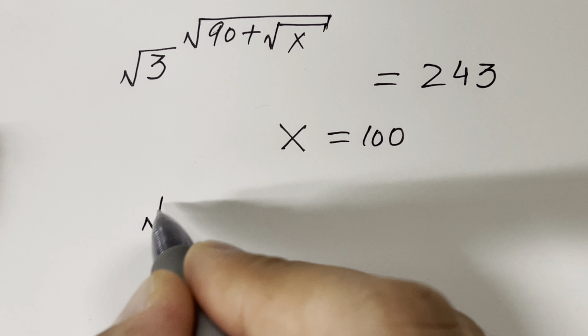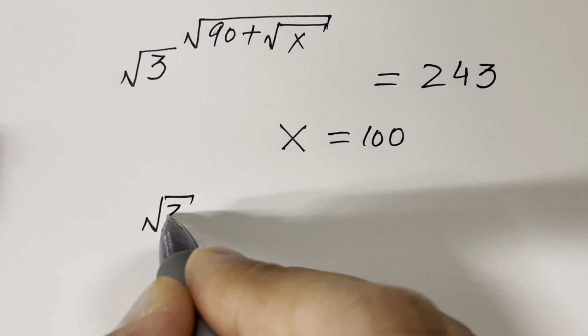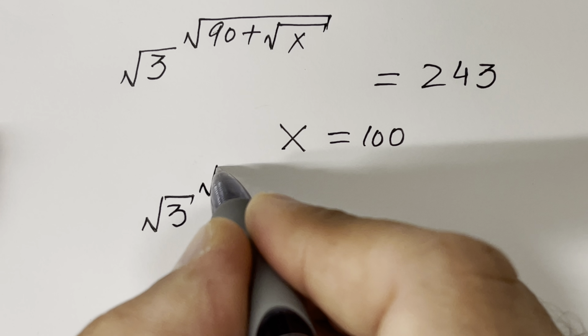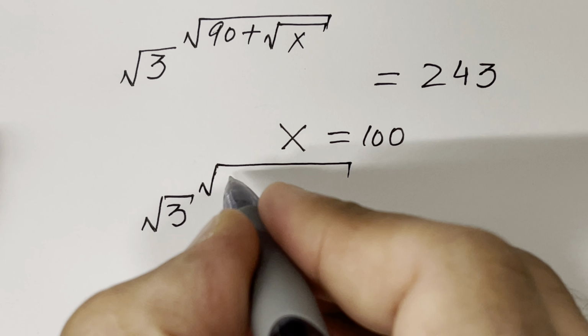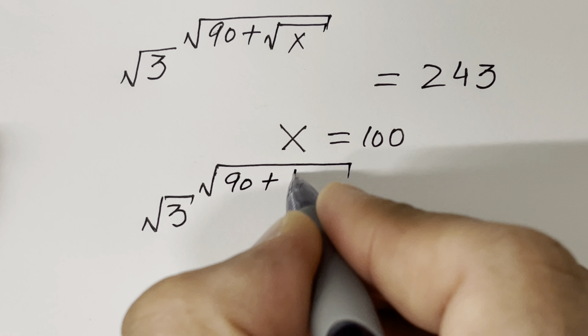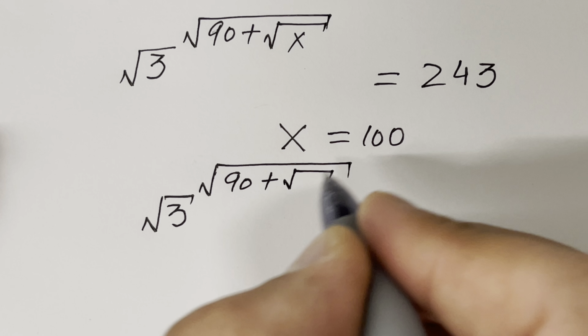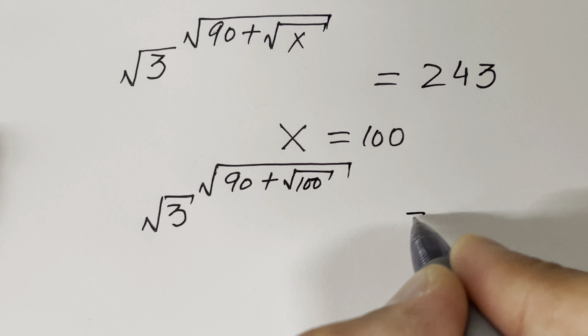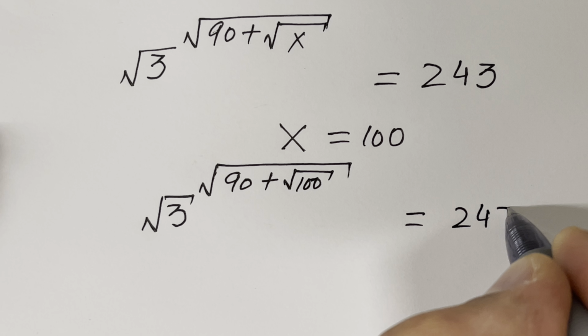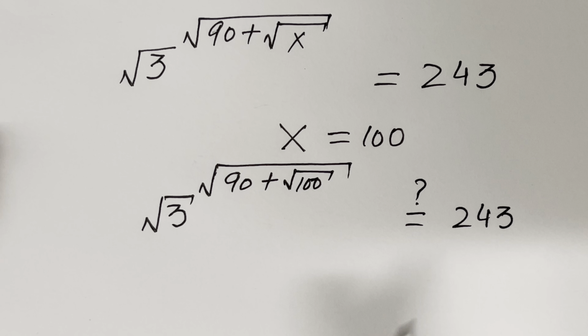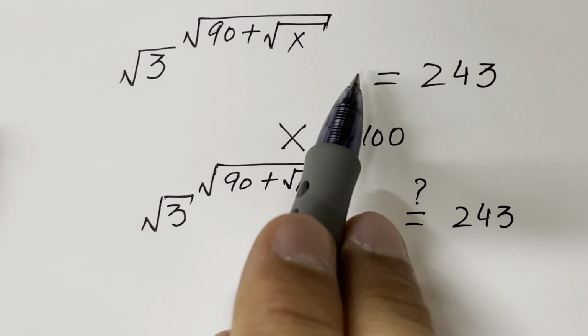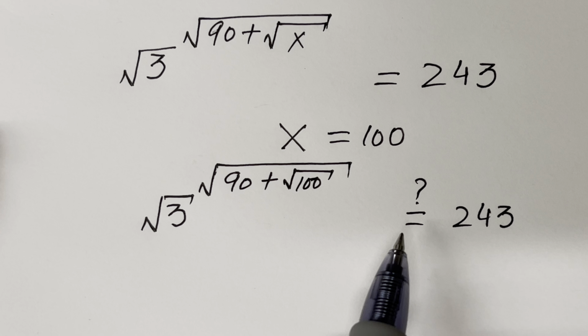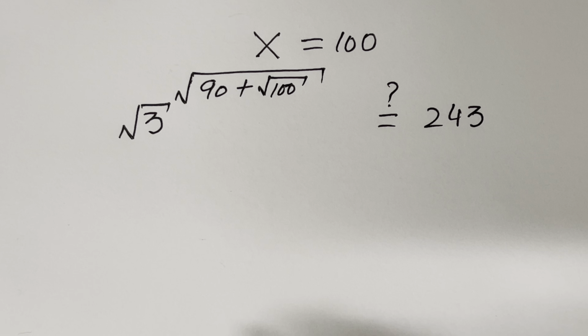So here we have square root of 3, and then on top of it we have square root of 90 plus square root of x, which is 100, and on the right hand side we should get 243. So we want to see if we plug in x equal to 100, whether it is true or not. Let's simplify.